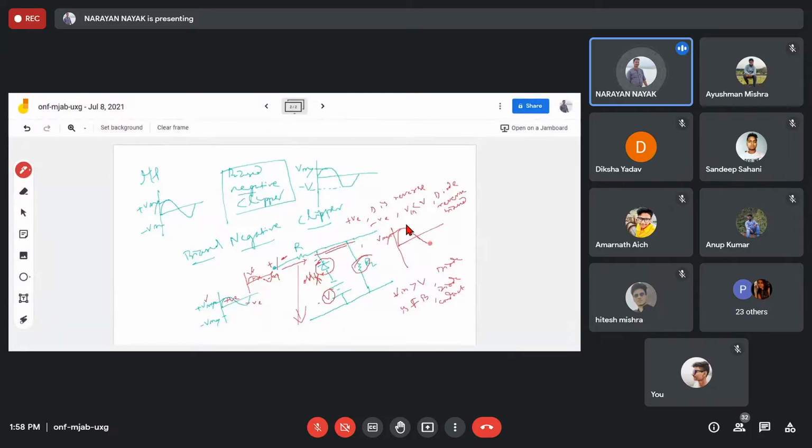So you will get minus V, and then it will go like this. It will stay at minus V as long as the input voltage is greater than the battery voltage. At that time the diode is forward biased, so you get the negative of the battery voltage here.